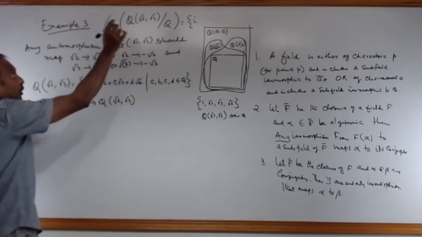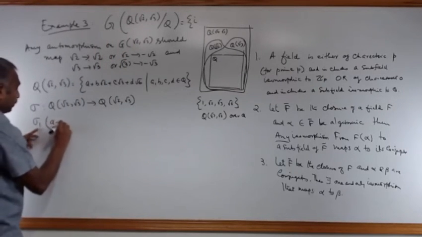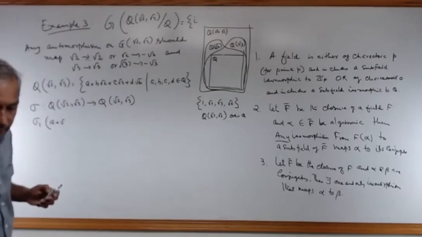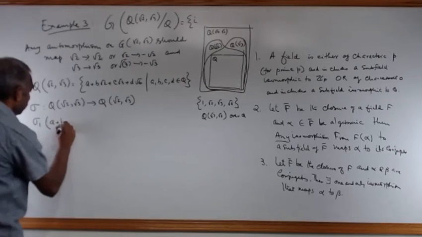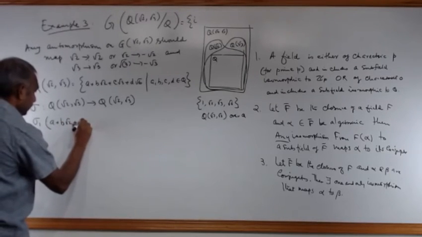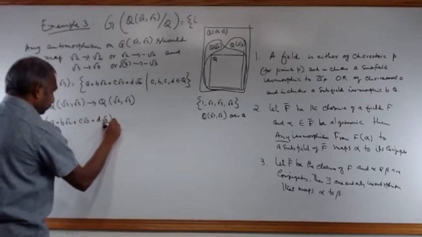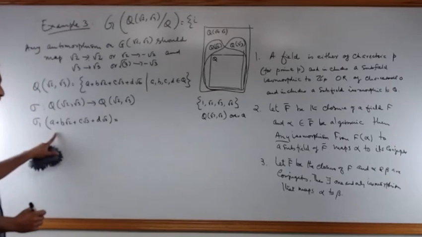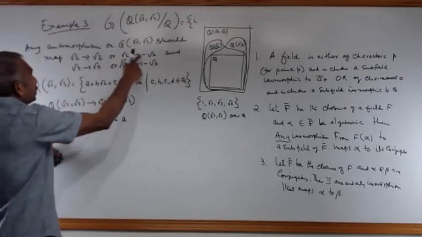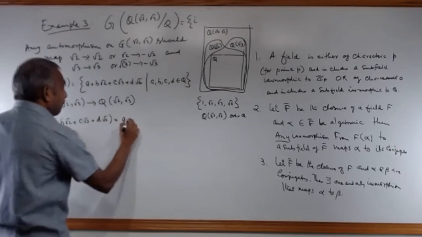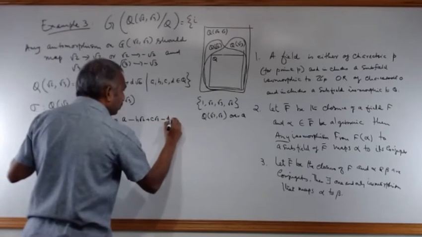Actually I am not going to consider I. So sigma 1 of A plus B root 2 plus C root 3 plus D root 6 equals A minus B root 2 plus C root 3 minus D root 6.